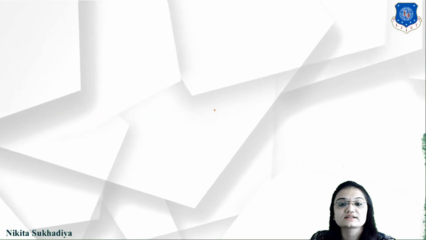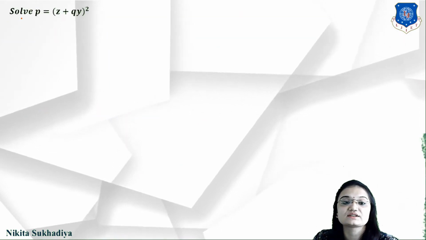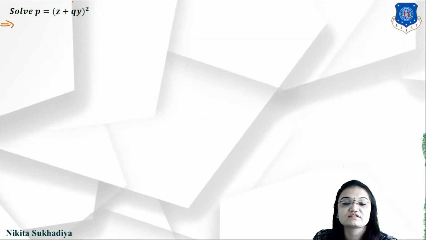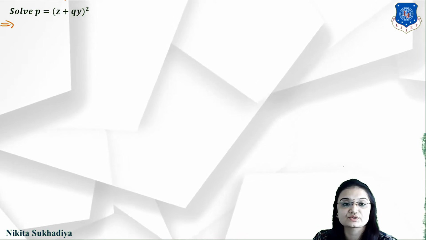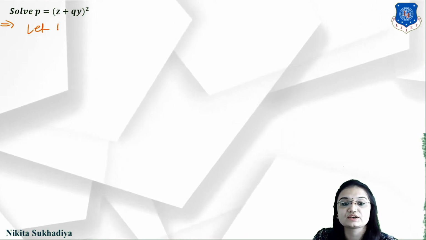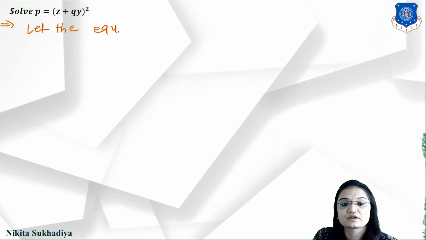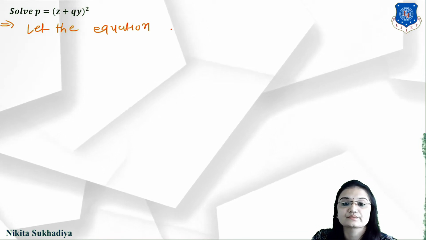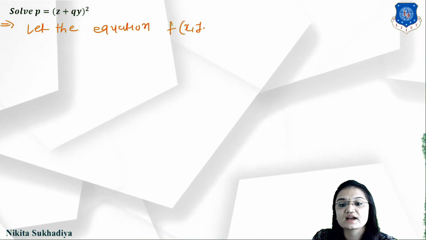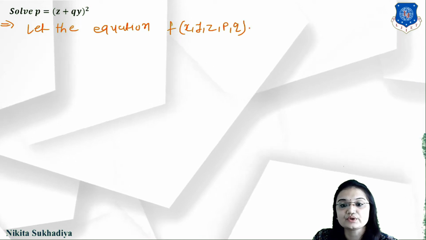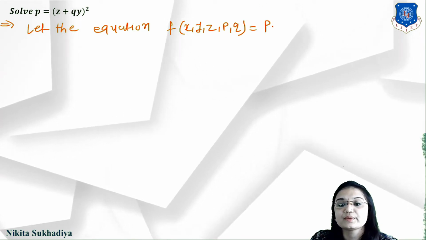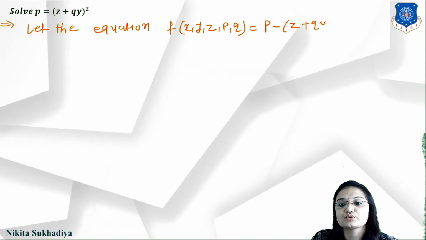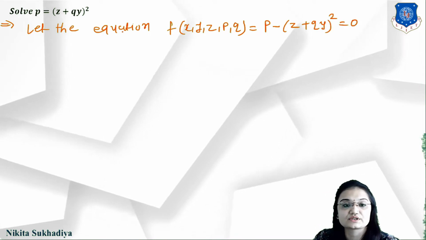Now let us understand with the next example, that is solve p is equal to (z plus qy) whole square. So here let the equation f of x y z p q is equal to p minus (z plus qy) whole square is equal to 0.